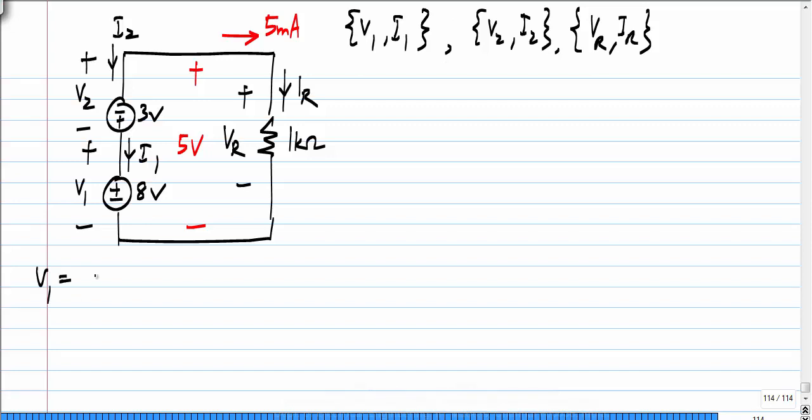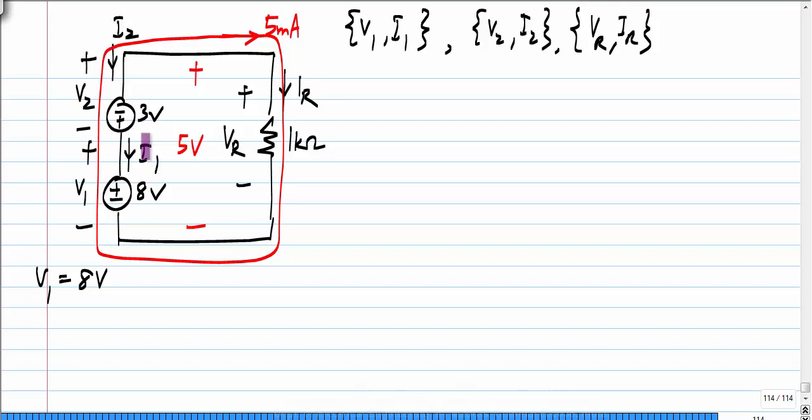First of all, V1 equals 8 volts, because it is the same as the voltage of the voltage source, and I1 is defined this way, but in the circuit the 5 milliamp current is flowing in the clockwise direction like that. So, I1 is minus 5 milliamperes.